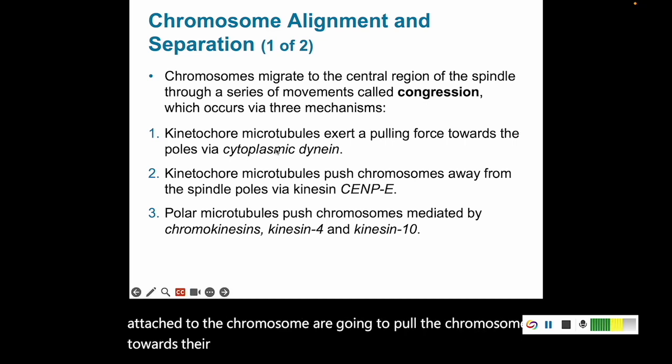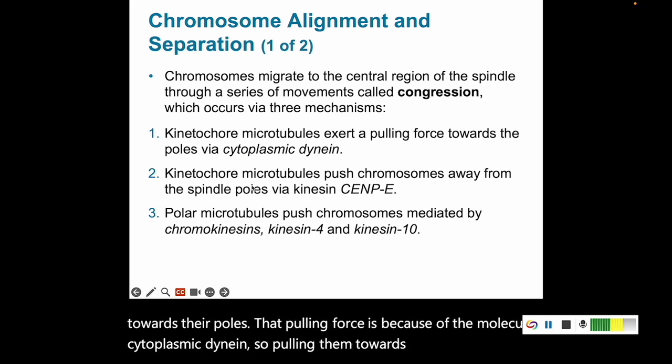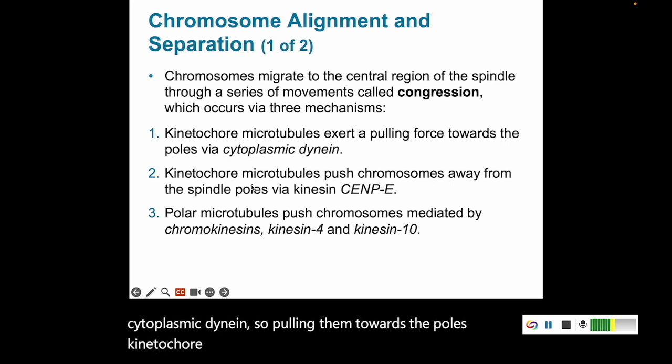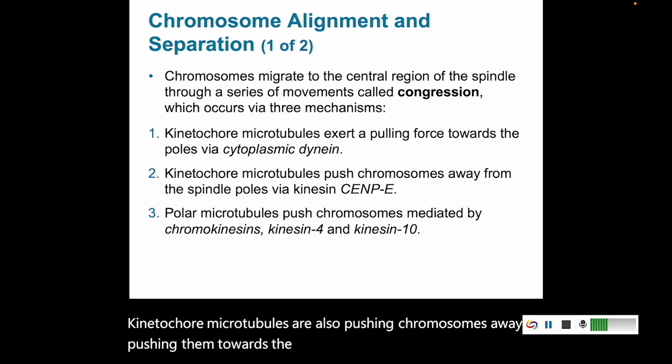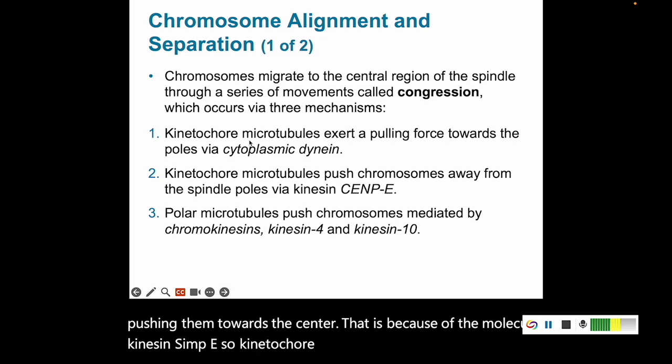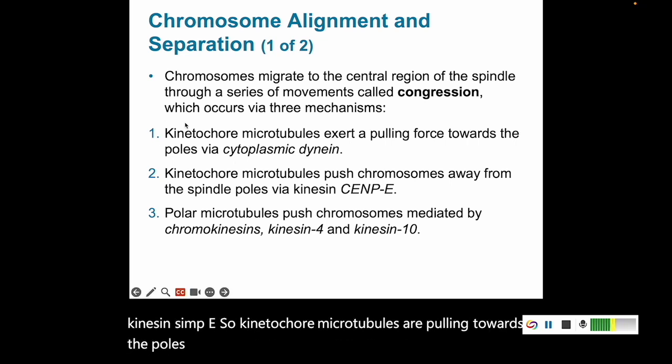That pulling force is because of the molecule cytoplasmic dynein. Kinetochore microtubules are also pushing chromosomes away, so pushing them towards the center. That is because of the molecule kinesin CENP-E. So kinetochore microtubules are pulling towards the poles, and pushing towards the metaphase plate.